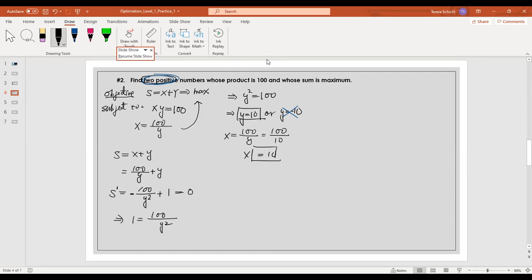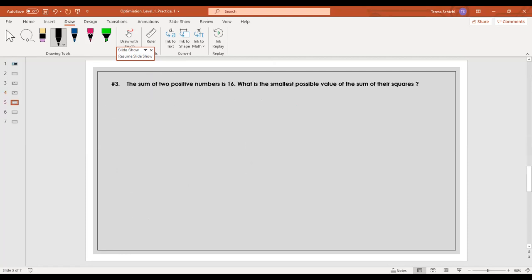So x equals 10, y equals 10, and this will give you a maximum product, right? I'm sorry, the maximum sum. So the sum will be 10 plus 10 is 20. See here, this will give you the maximum sum.